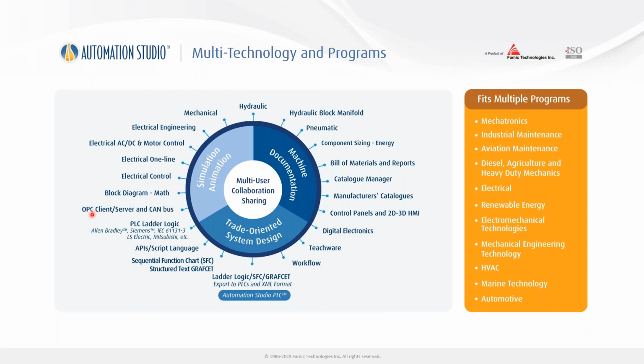You can also link your software with the hardware with the help of an OPC server client. We have different types of PLC ladder logics. Then we also work on SFCs. We have some extraordinary features like Teachware, digital electronics, manufacturer's catalog, bill of material and reports, component sizing, and energy, and it fits multiple programs as you can see here.